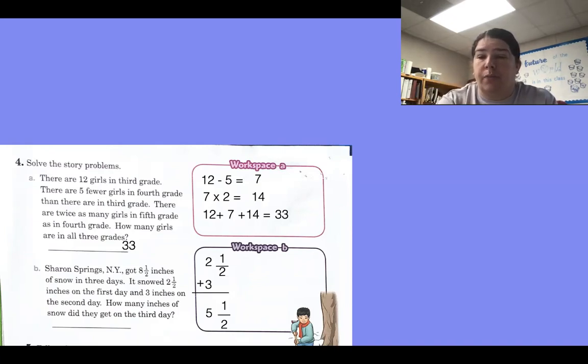So what do we have to do? Add, subtract, multiply, or divide? Good, we're taking away, we're subtracting. We take 8.5 for all 3 days, and we subtract the 2 days, which we said were 5.5. When we do that, 1/2 take away 1/2 equals 0, and 8 take away 5 equals 3. Very good. Your answer should be 3.